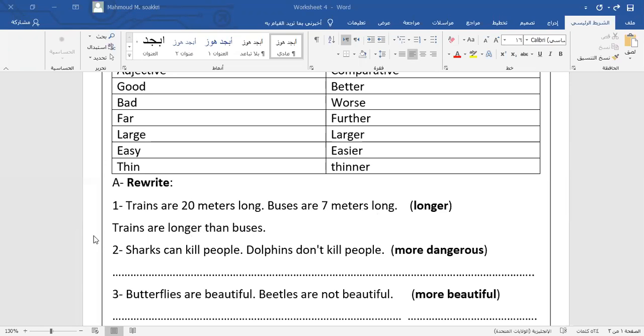Can we say trains are longer than buses are 7 meters long? No. Can we understand from the sentence that trains are longer without the need to repeat the meters? Yes, it is understood. Okay.